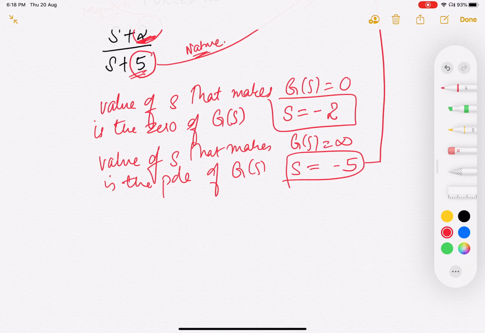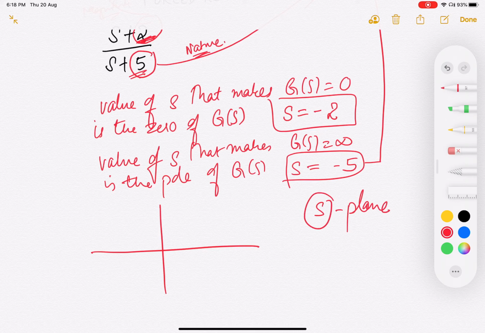So you can basically represent the poles and the zeros on a plane called the S-plane. Because s is a complex variable, it is represented on the S-plane with the x-axis as the sigma or real axis, and the y-axis as the imaginary axis. So s equals sigma plus j omega, with sigma along the x-axis and j omega along the y-axis.